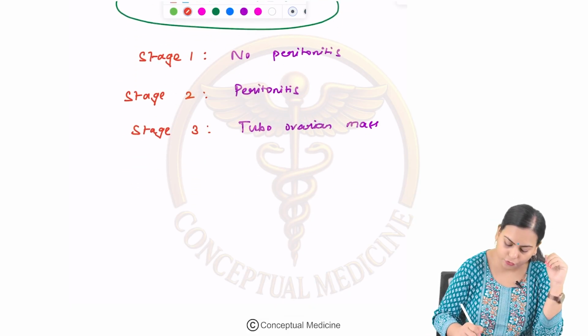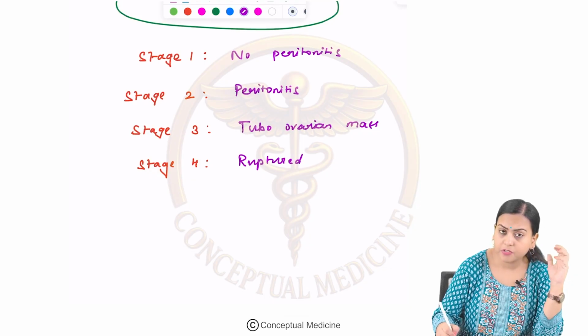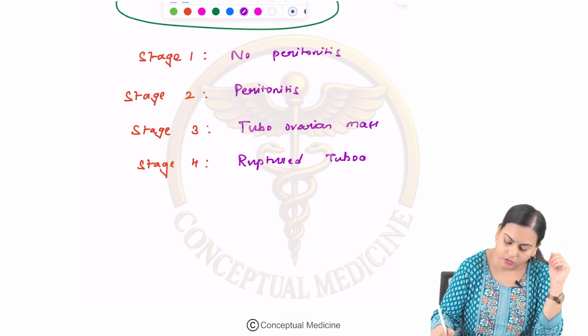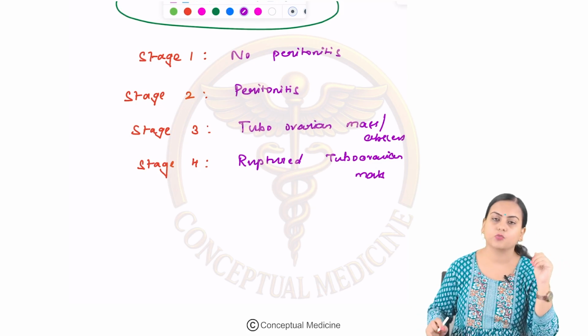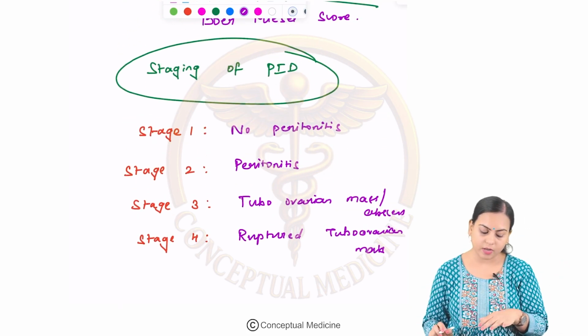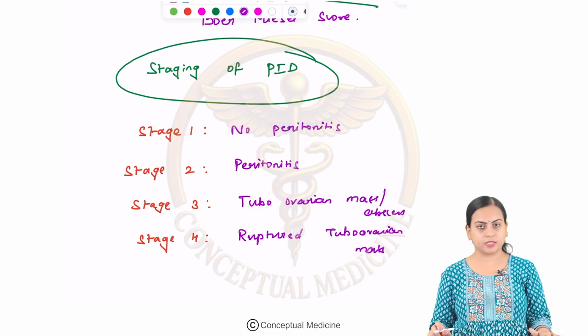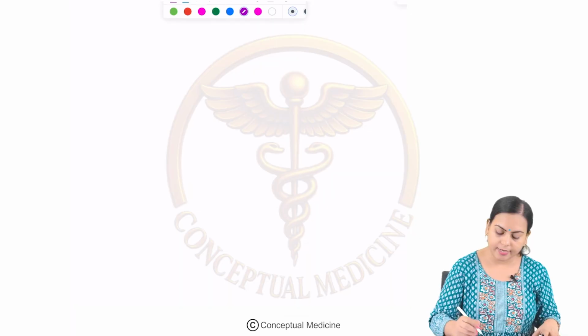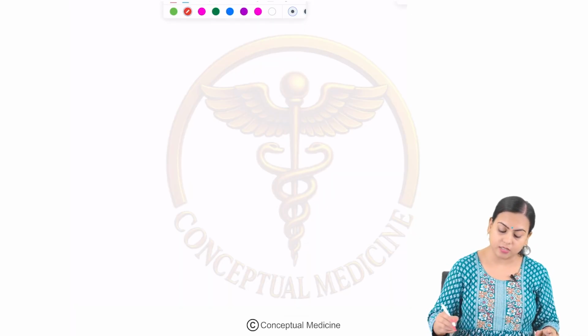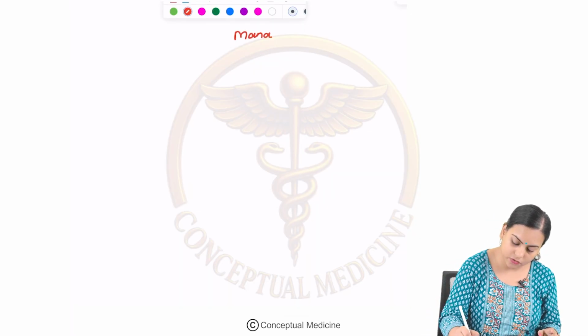And in stage 4, there will be ruptured tubo-ovarian mass. Okay, this can be sometimes abscess also. Okay, so this is the staging of pelvic inflammatory disease. Clear?